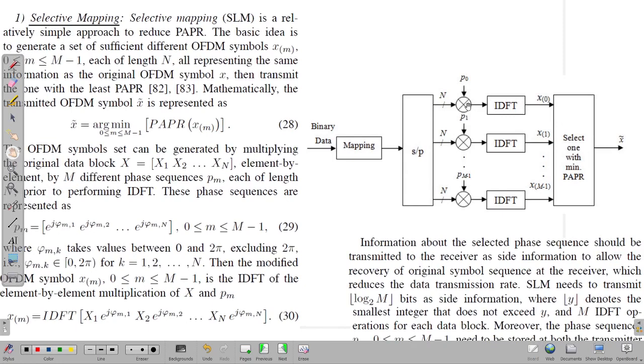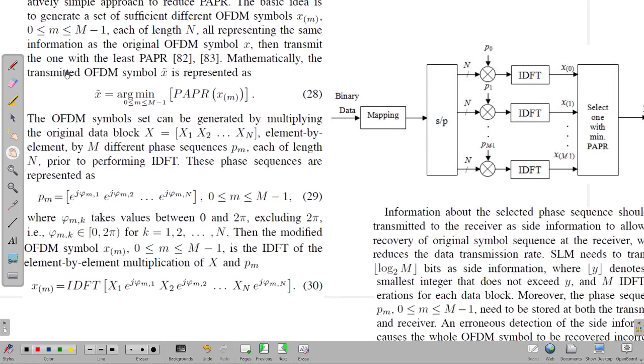And before the IDFT, the serial to parallel converted modulated symbols get multiplied by sequences P0, P1 up to P(M minus 1).